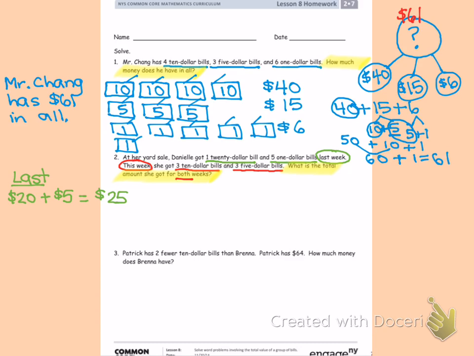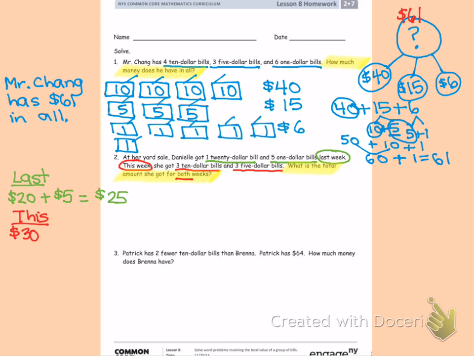Now, let's see how much money she got this week. I'll label it like this week. She got 3 $10 bills. 3 $10 bills is the same as $30. And she got 3 $5 bills.